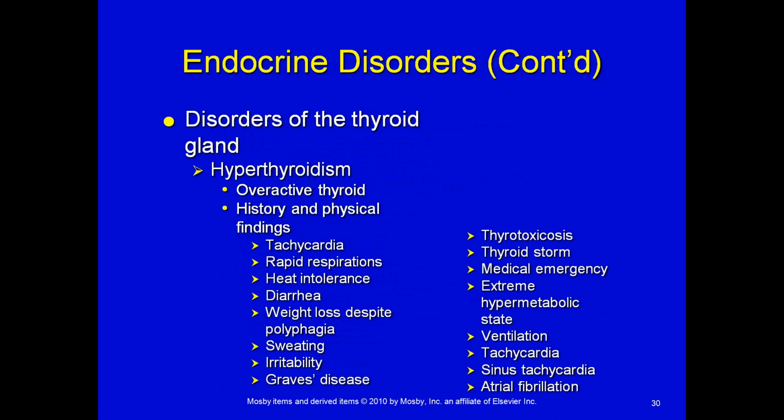So a thyroid storm is a true medical emergency. It's identified as an extreme hypermetabolic state. Again, the respiratory rate is fast, they're tachycardic. They can have atrial fib as a result of this as well.